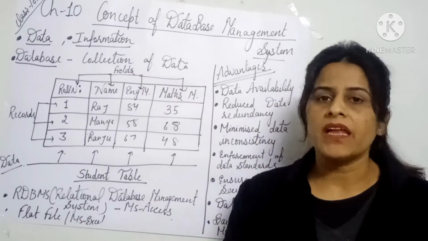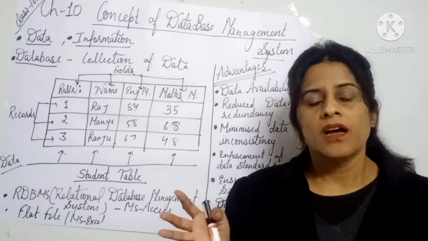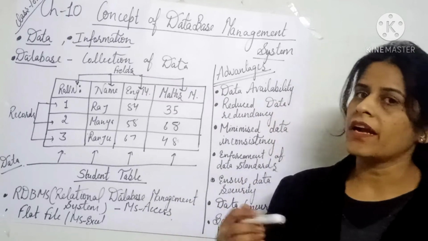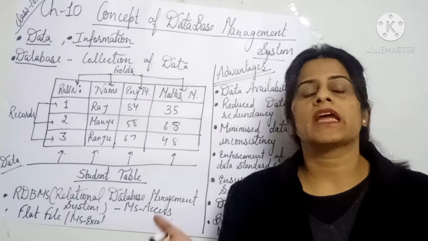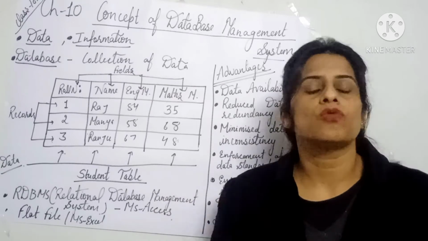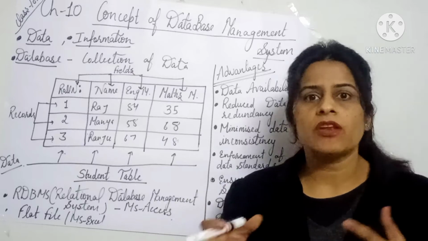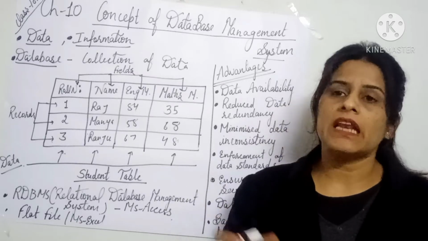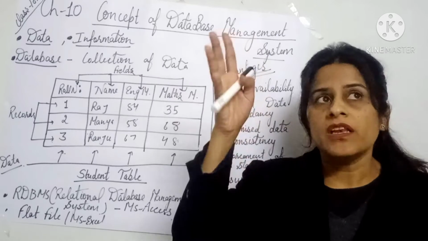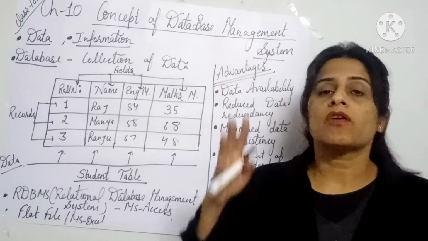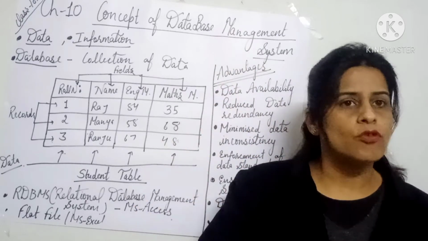And after collecting the raw data and processing that raw data, we will get our information. When you use the bricks and the cement, you collect them and make one wall, then a second wall, then a third wall, then a fourth wall.